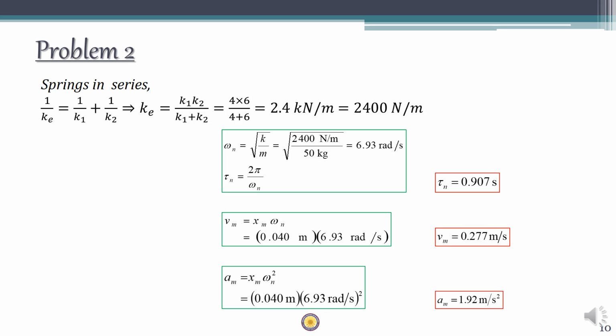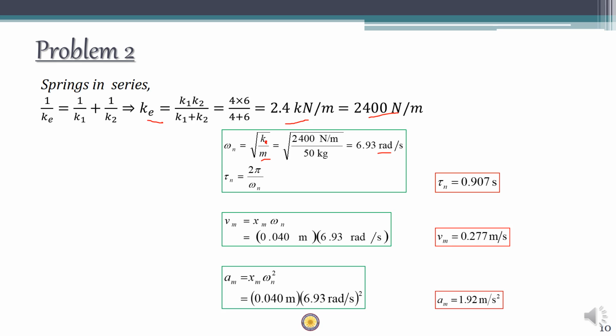You get this equivalent stiffness equal to 2.4 kN per meter, which is 2400 Newton per meter. Once you have the stiffness and the mass, you can find the natural frequency as root k by m. You get 6.93 radians per second. Note that every time you have to substitute the equivalent stiffness in the equation. ke is to be substituted every time.